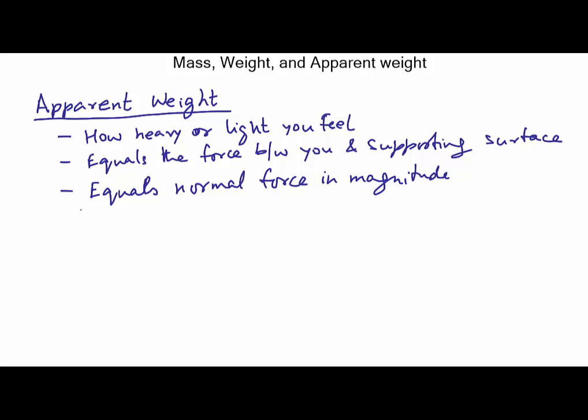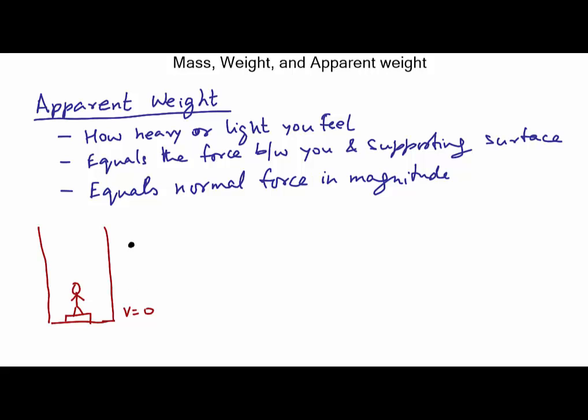So to see how apparent weight is related to weight, let's take an elevator example. Here's an elevator car, and let's say it's just stationary. So v is 0. There's a scale here, and you're standing on it. If we draw a free body diagram of this situation, you are here as a particle, and you have two forces acting on you.